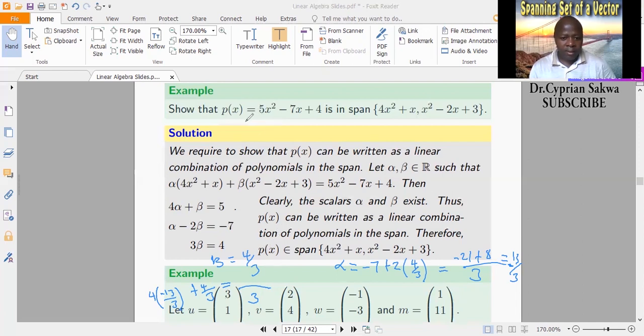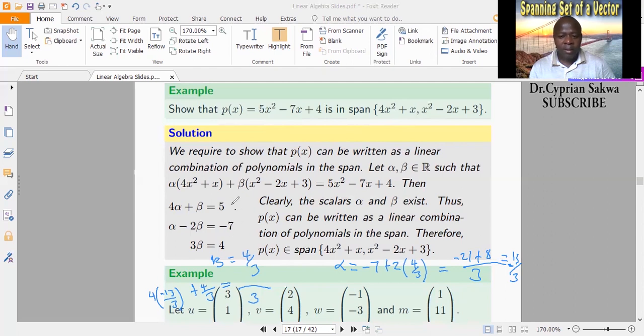But what I think is that we cannot disqualify this from being in this span because they existed. The scalars exist. They may not be the same scalars. They may not have the same values, but they exist.